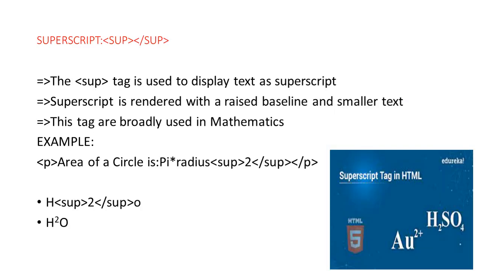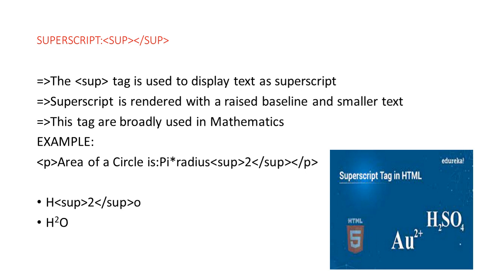Next we are talking about subscript. Generally, you know that there will be two types: one is subscript and the other is superscript. So first, let us discuss superscript. What is superscript? It is represented using the SUP tag.